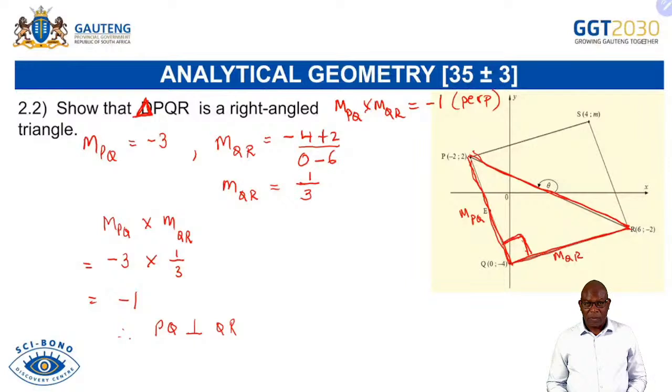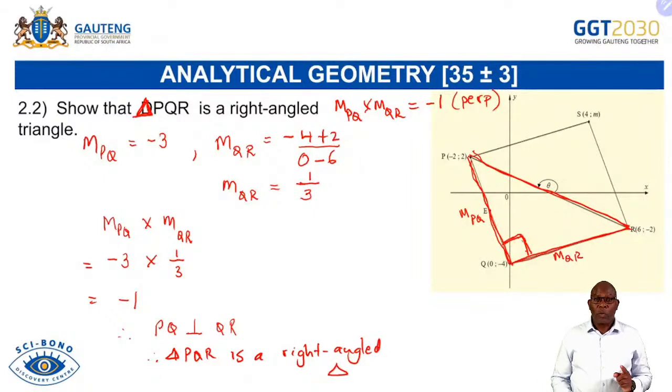Which means that PQR is a right-angled triangle. So, to prove this, I've used the gradient.